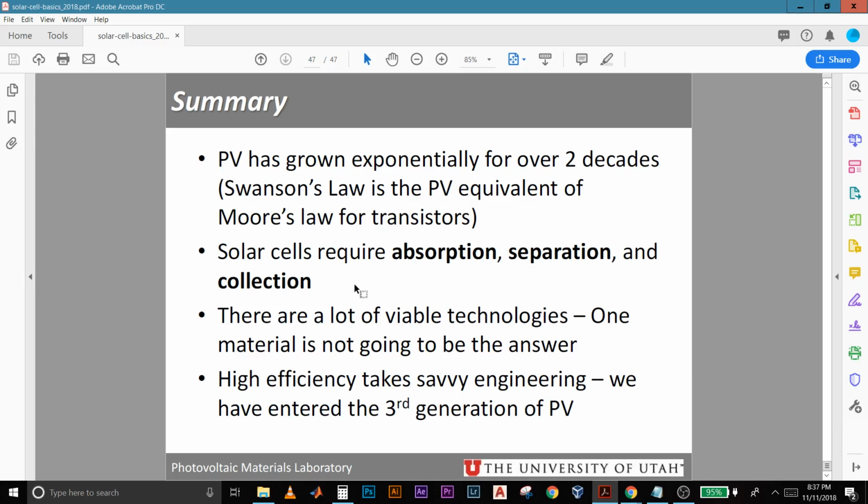There are a lot of viable technologies, and we have to explore different kinds of materials and find out which is the best answer for the problem that we are trying to solve. Very high efficiency requires clever problem solving. We have now entered the third generation of photovoltaics, and we have to think about how we can solve problems in a more efficient manner and make this technology more widely adopted.